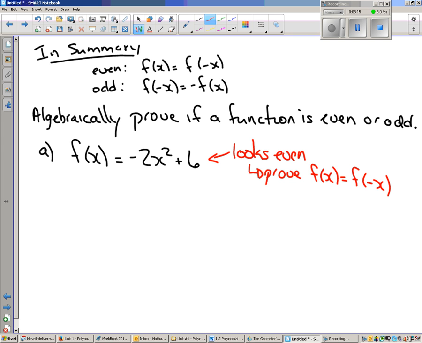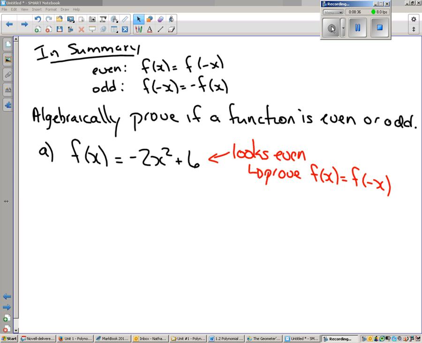If you're asked to algebraically show, you can't just recite a definition and say it falls under the definition. We're given the condition that f of x equals f of negative x, so we have to show that the function actually satisfies this condition.